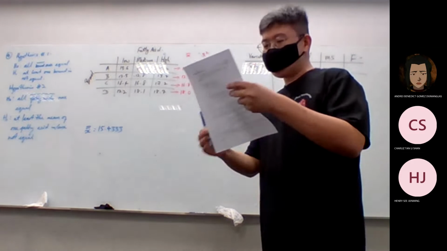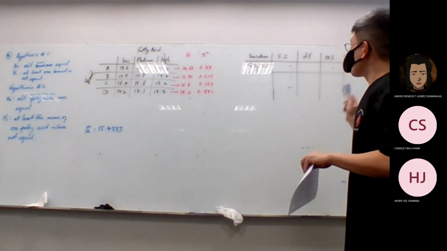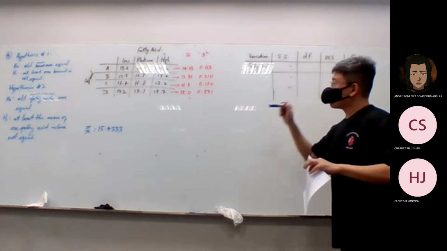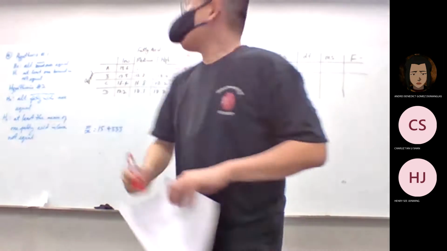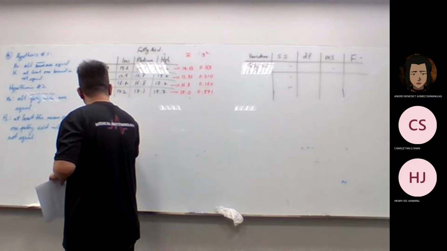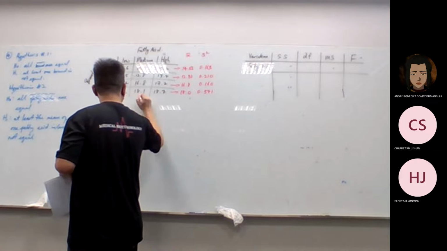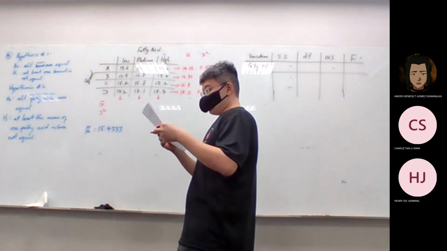Now, then you do the next part. What happened is you do the second column. Now, here you have the mean and variance as well. So you calculate downwards by column. That's the second factor.